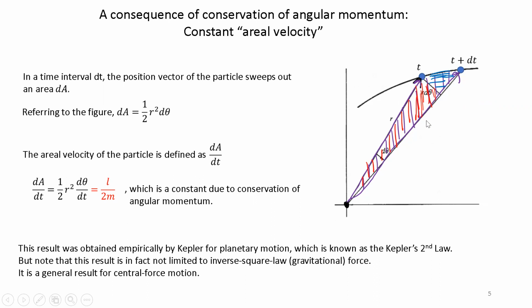Also notice that when Kepler did it, he was looking at planetary motion, which is a 1/r squared force. But in principle it does not have to be a 1/r squared force to have this nice property. As long as it's a central force, this property should hold.